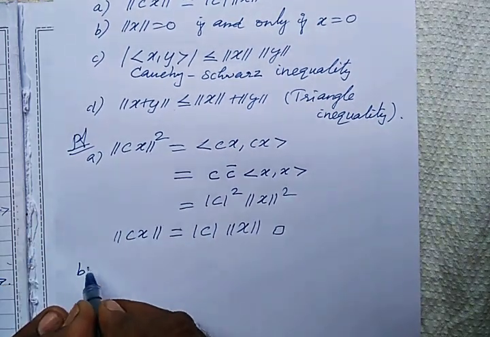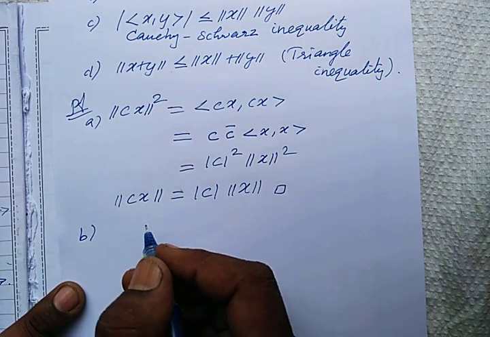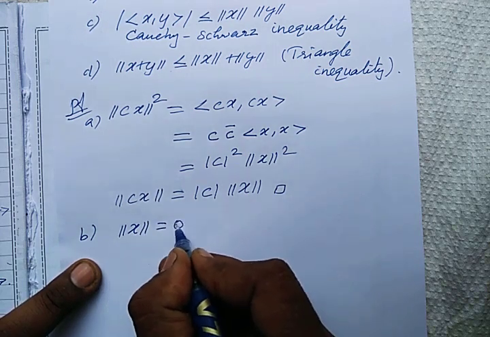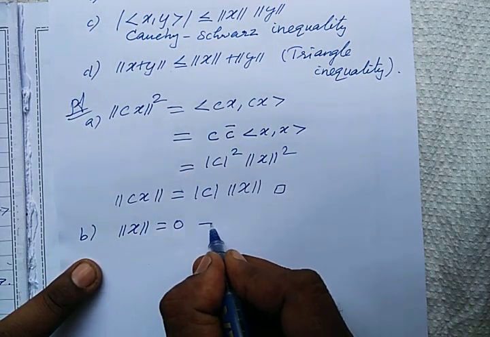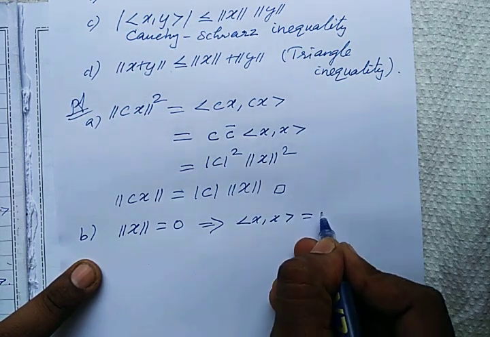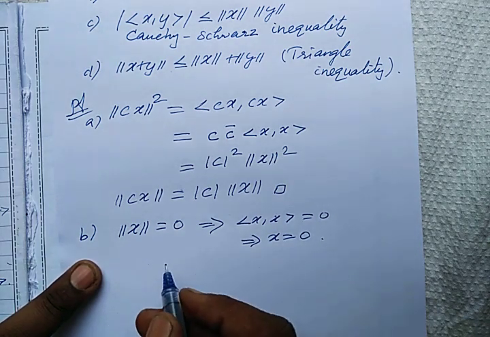And now let us see the second one. Norm x is equal to 0. This implies inner product of x comma x is equal to 0. This implies x is equal to 0.